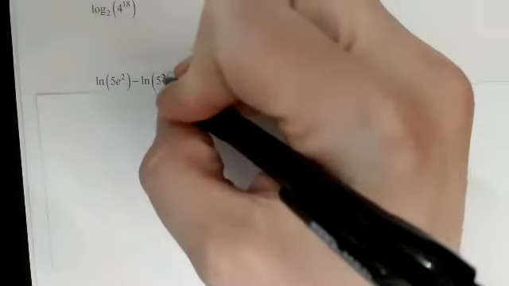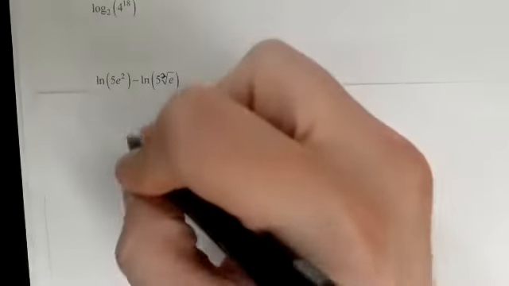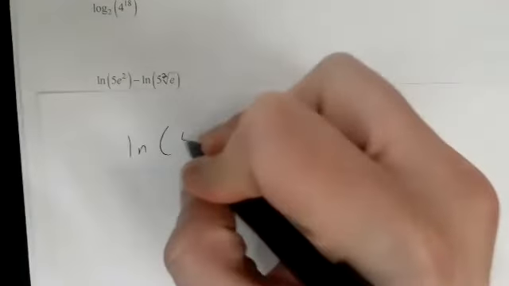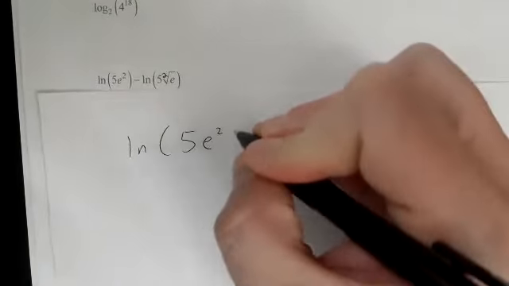On this one, what property do we want to use? I think it gives us a half power in there. Square root of E. Okay, so the first thing I want to do is probably rewrite that square root of E as E to the 1/2 power.